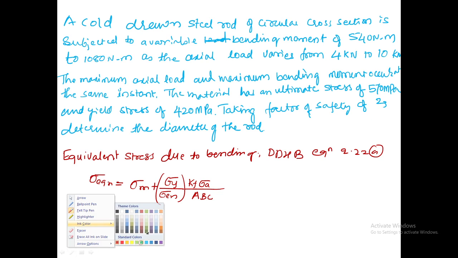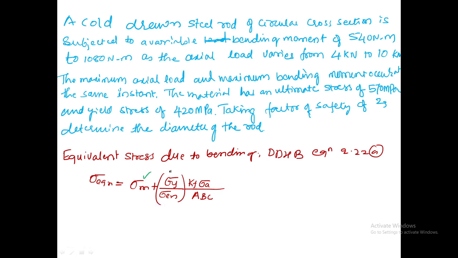Sigma m you have calculated, sigma y you have calculated, sigma a you have calculated. So now the unknown values are k f, sigma en, a, b, and c, right. Now, in this case you need to write clearly, assuming.